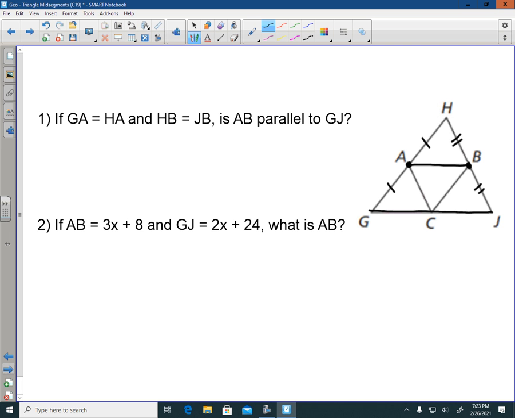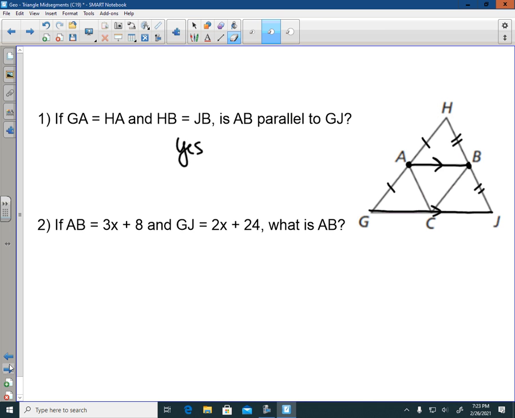Now, if A and B are both midpoints, that segment that connects them is a midsegment. And from the midsegment theorem, we know that the midsegment of a triangle is parallel to the third side, which means that AB is parallel to GJ, and we can say yes. Definitely parallel.